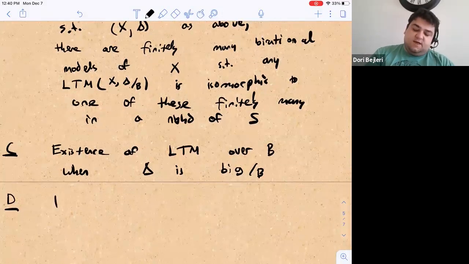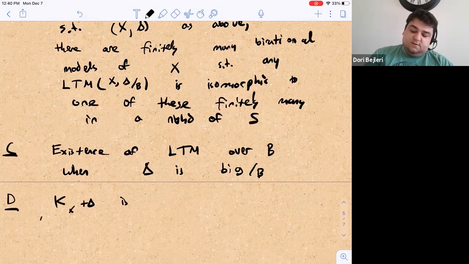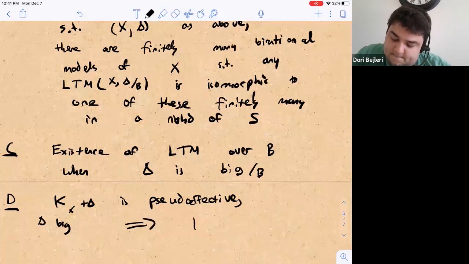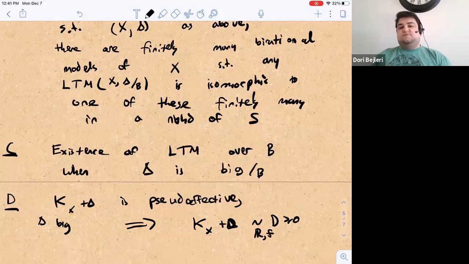They show that if K_X plus Δ is pseudo-effective, again under these assumptions, so if Δ is big, well, non-vanishing is supposed to tell us that there are sections, and so basically that K_X plus Δ is actually effective. So it's equivalent to some effective divisor D, with the one caveat that here you have to work with R-divisors instead of Q-divisors necessarily, but that's some technical point.